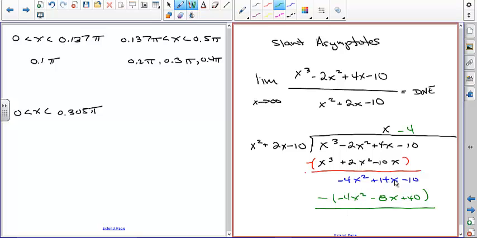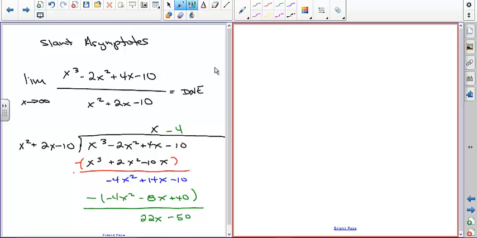And the next one, 14x plus 8, because I've got negative times a negative, so that's going to be 22x. And then negative 10 minus 40 is negative 50. So what does that mean? It means that this original rational expression can be rewritten in this form.